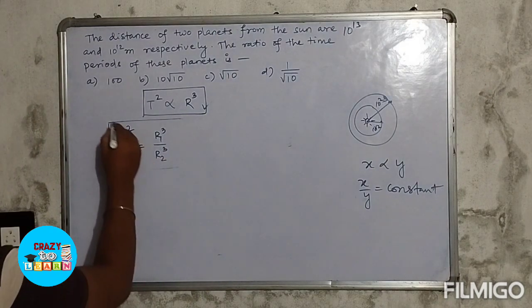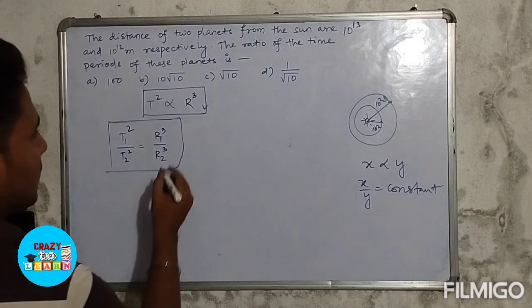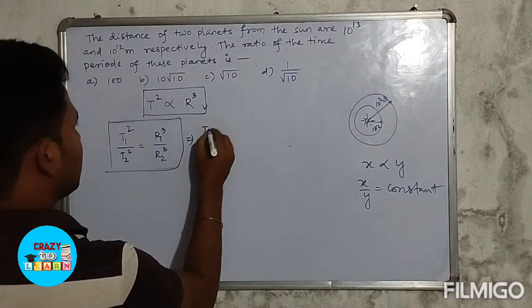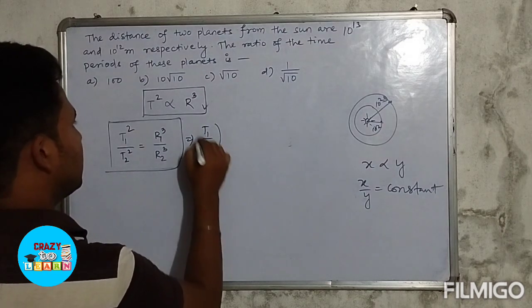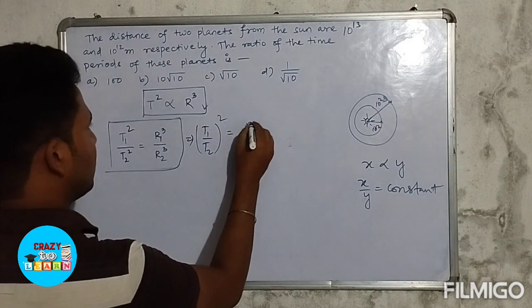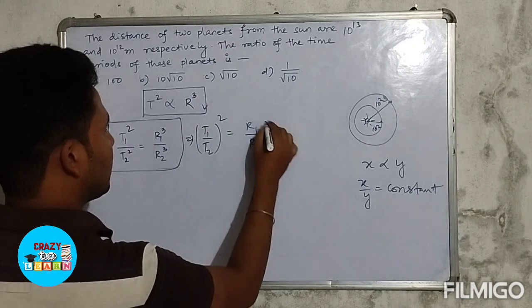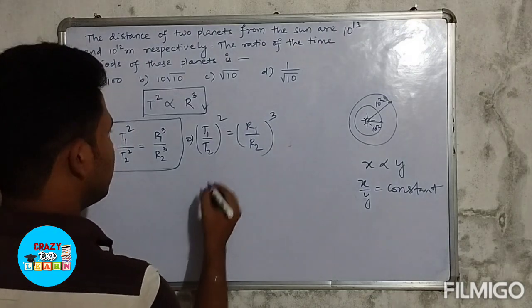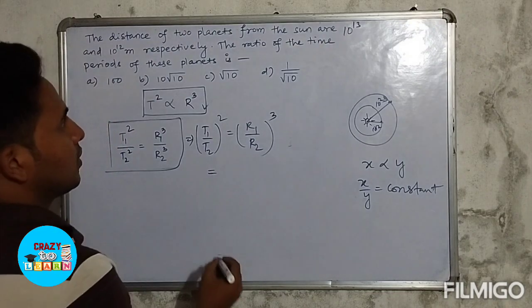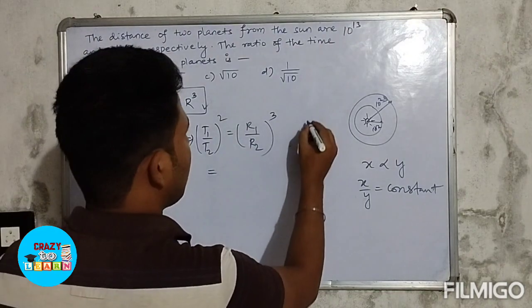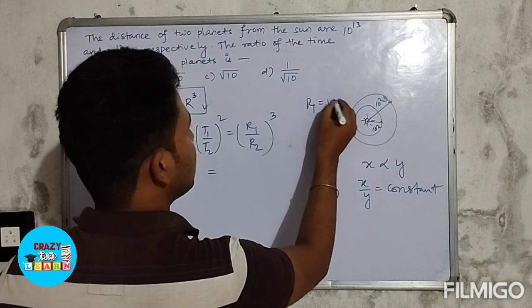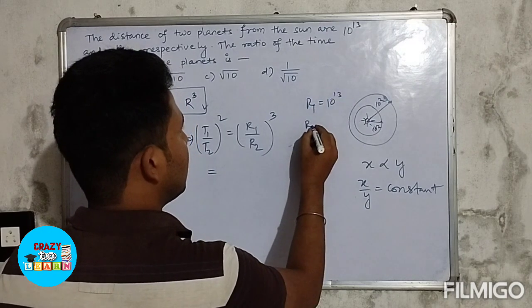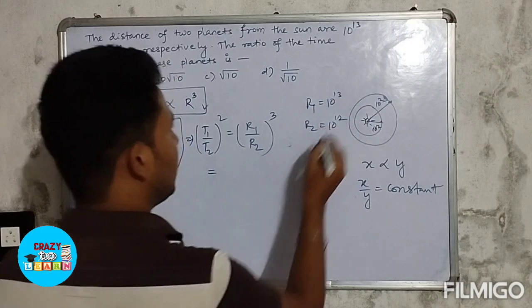Now we will go on. So T1 by T2 whole squared is equal to R1 by R2 whole cubed. R1 is given as 10 to the power 13 and R2 is 10 to the power 12.